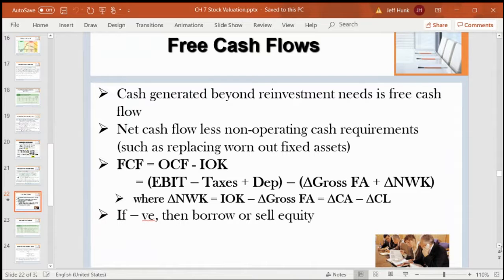Actually, free cash flow is defined verbally in so many ways. They say cash generated beyond reinvestment needs, net cash flow less non-operating cash requirements. So what are those? It's all very foggy, nebulous, right?